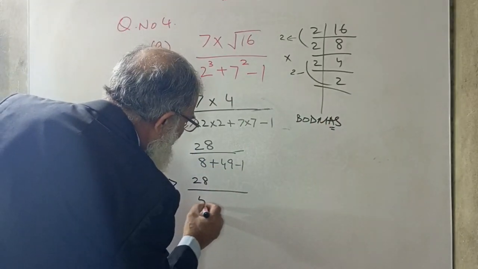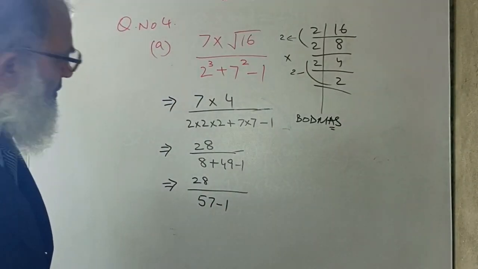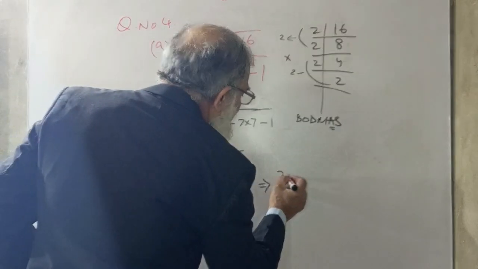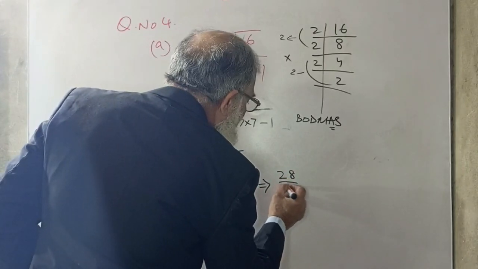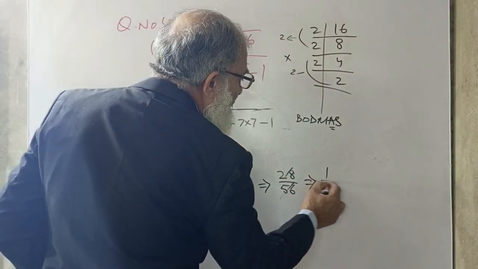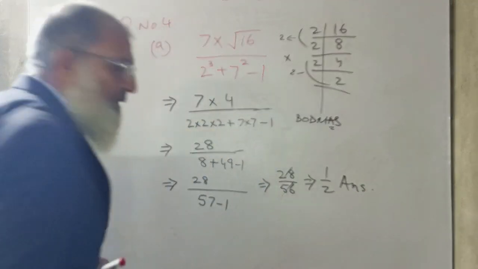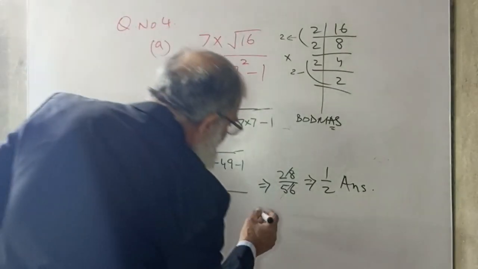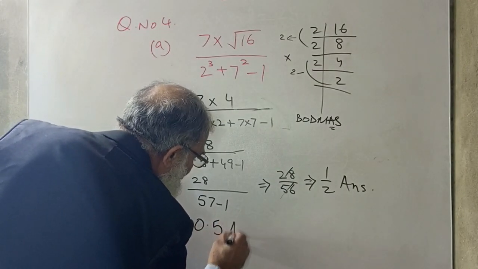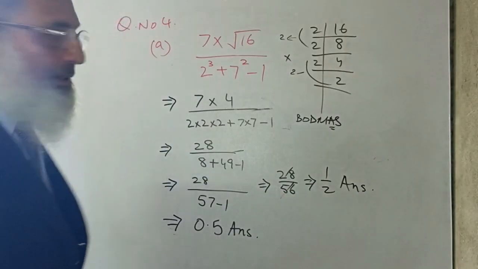So here it becomes 57 minus 1, and 28 divided by 56 will become 1 by 2. Now the answer is 1 by 2. You can also write this answer in decimal form, that is 0.5. Both the answers are correct.